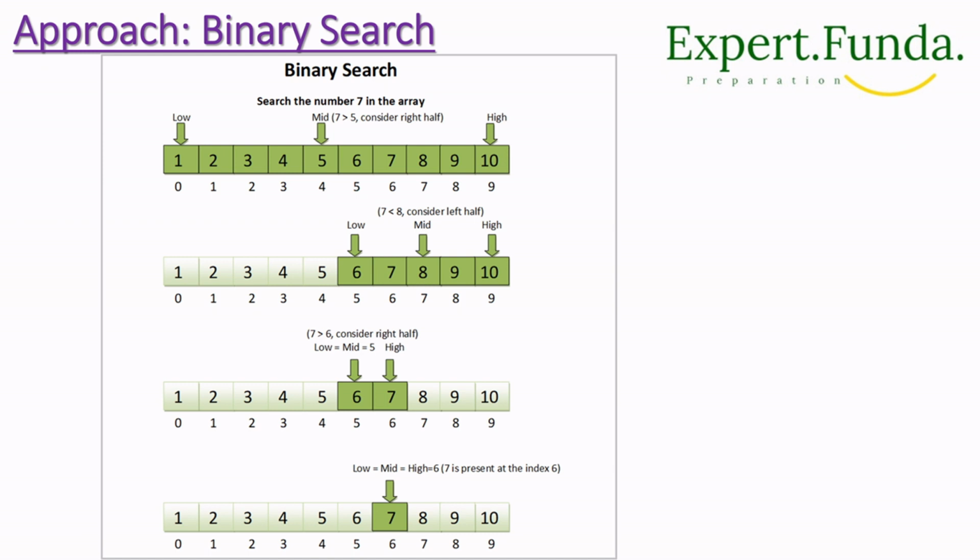The approach would be to start by checking a ship capacity equal to the largest weight in the weights array, because the ship capacity cannot be smaller than this weight. So we'll check if it is possible to ship all the packages within the days using this weight as the capacity of the ship.